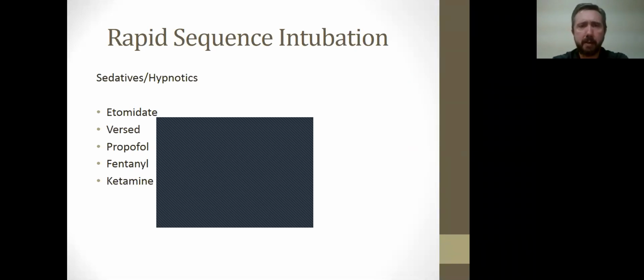Now, ketamine. Ketamine is a medication derived from the PCP plant. Okay, ketamine is the first line for most medication-assisted routes, or even if you're going RSI as a sedative. What you want to be mindful about ketamine is that it can cause hypersalivation.